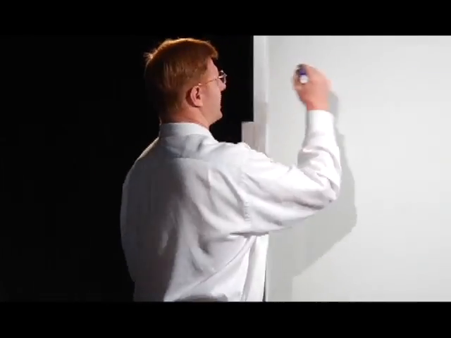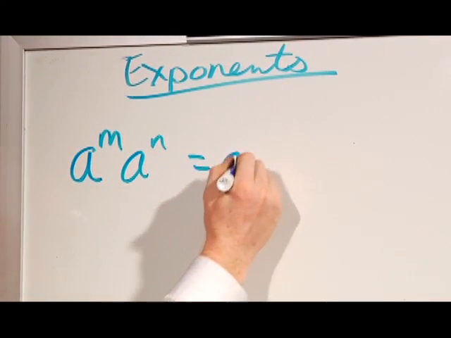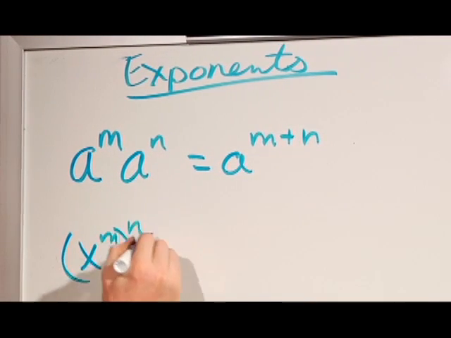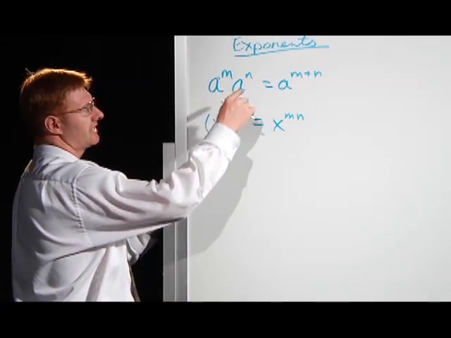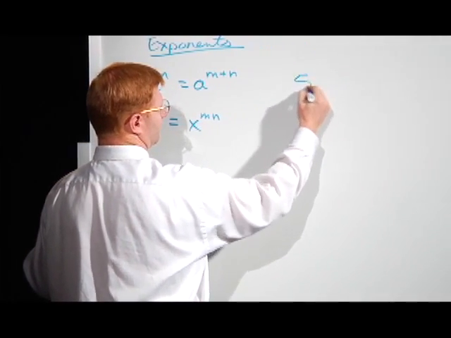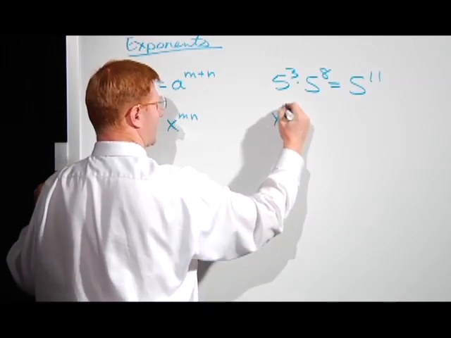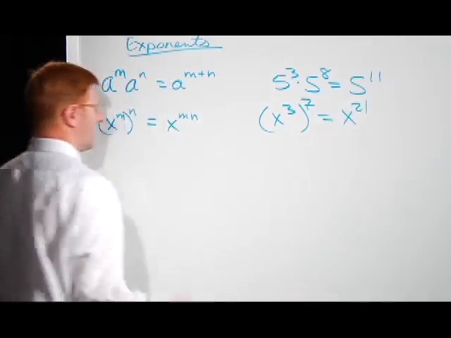For example, the book will write down a law of exponents. They will say a to the m times a to the n equals a to the m plus n. Or they will write x to the m to the n equals x to the mn. Your students will not see this as the exact same thing as 5 cubed times 5 to the 8th equals 5 to the 11th, or x cubed to the 7th equals x to the 21st.